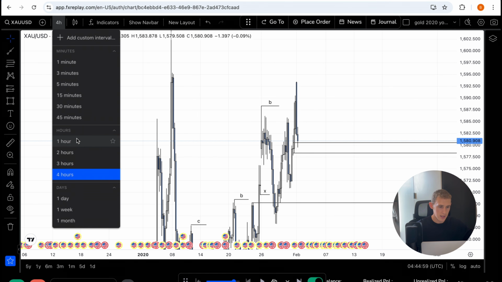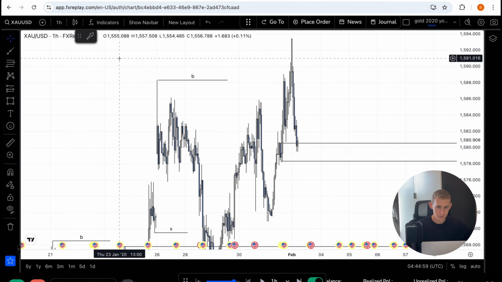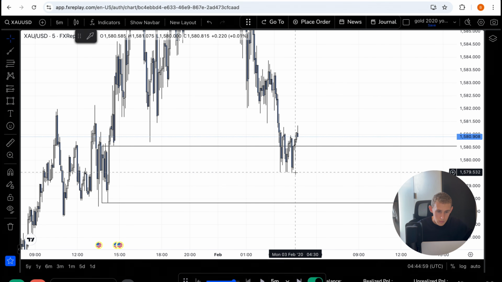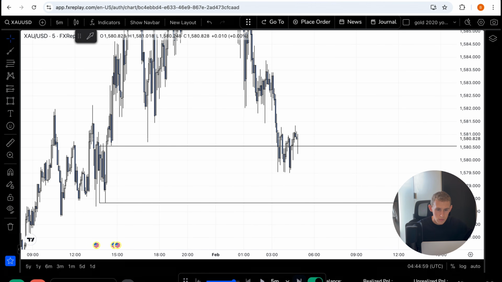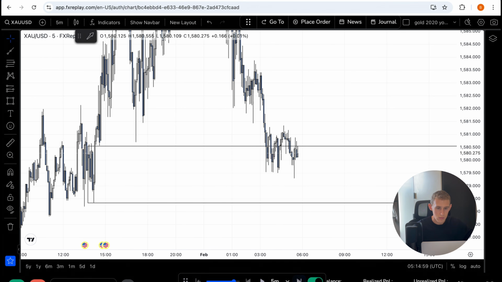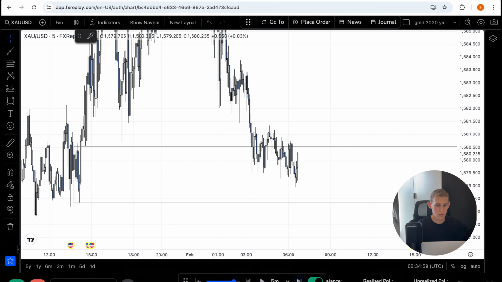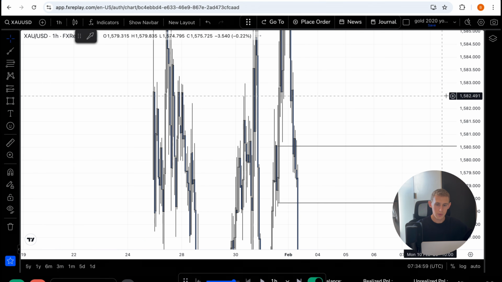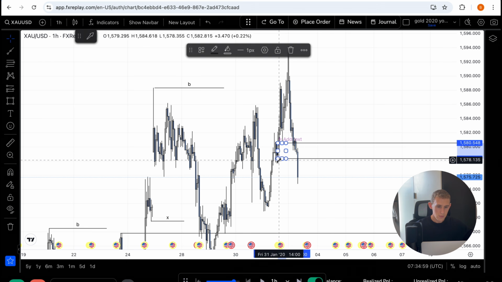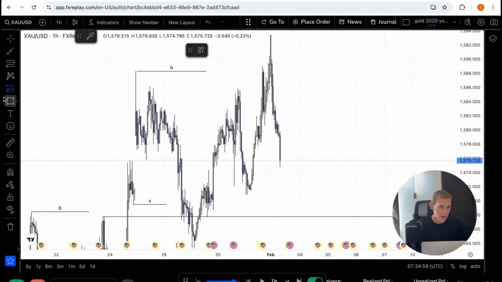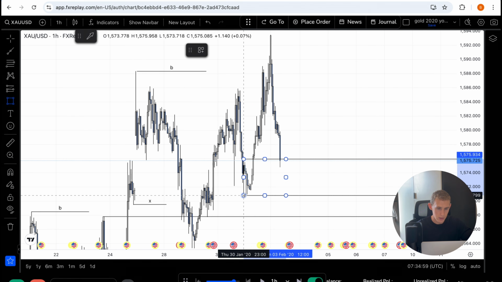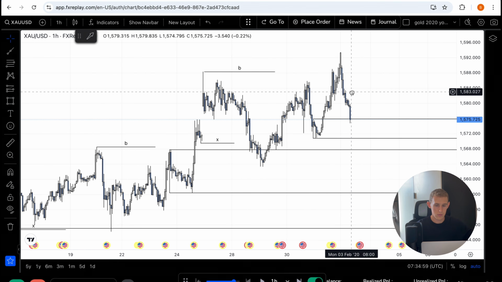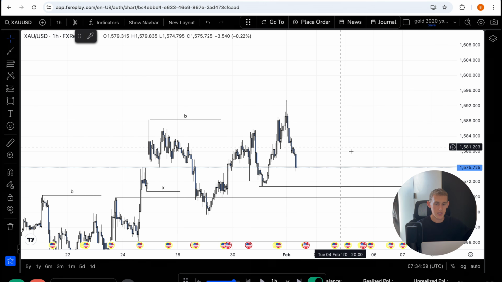Yeah, I'm going to see how it reacts to this area here. Nope, seems like it wants to come lower. Next region, this whole area here is like a 4-hour demand zone. See how it reacts to this.